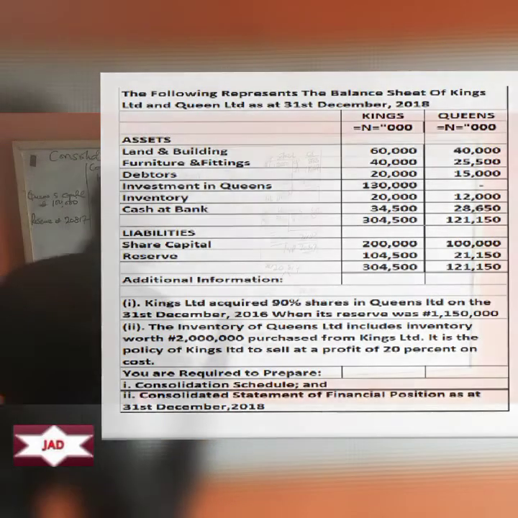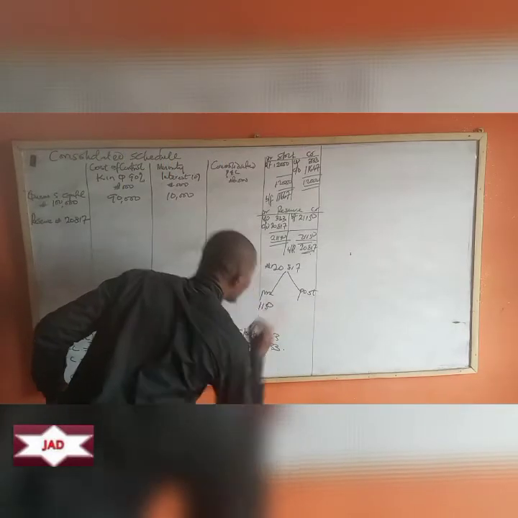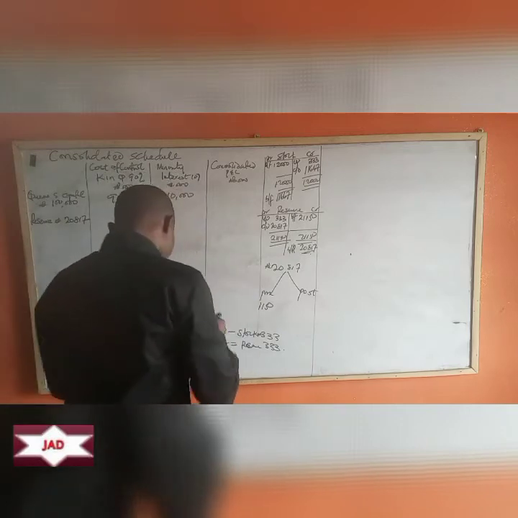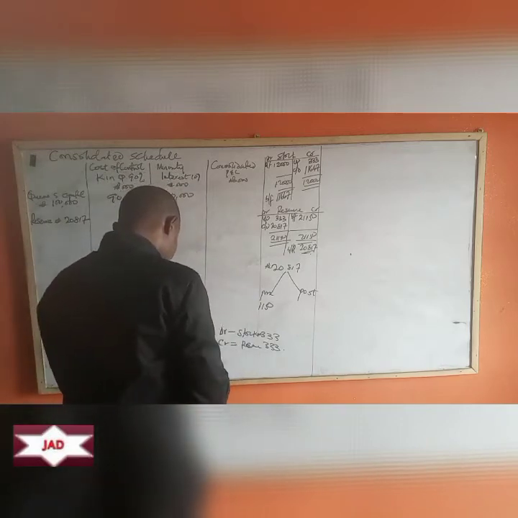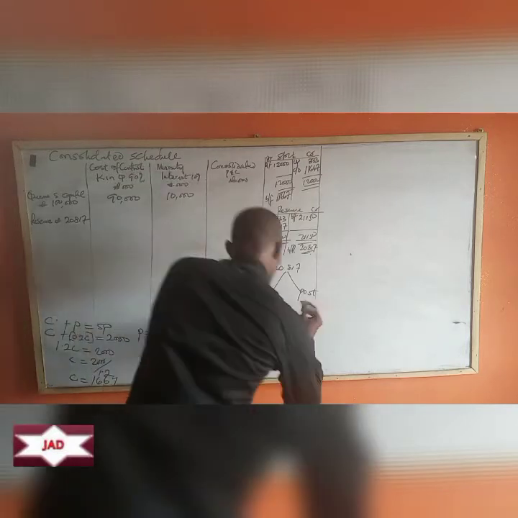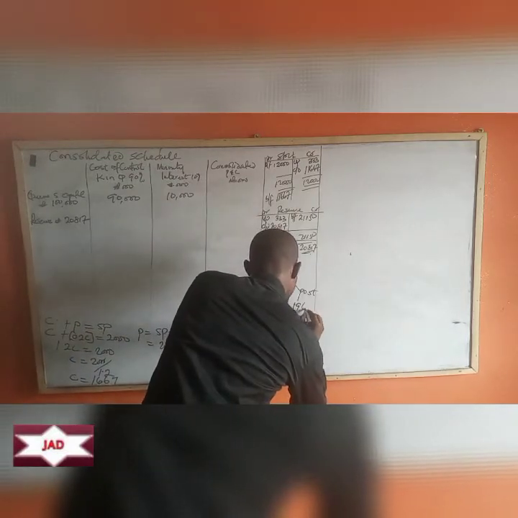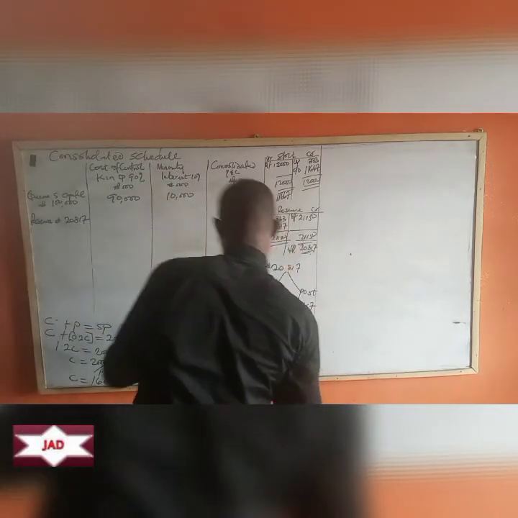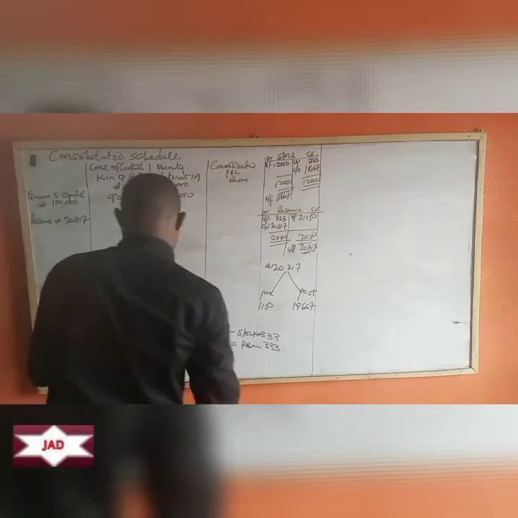So pre is 1,150. So when you minus that, this post will be what? 19,667. Okay.